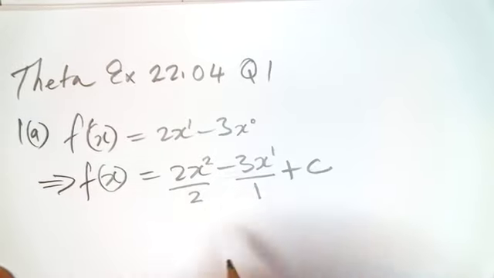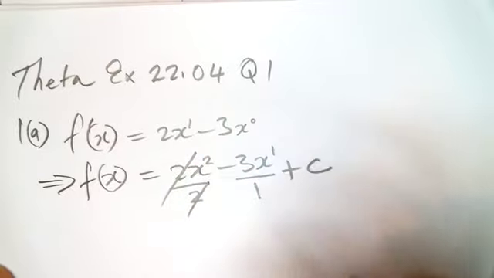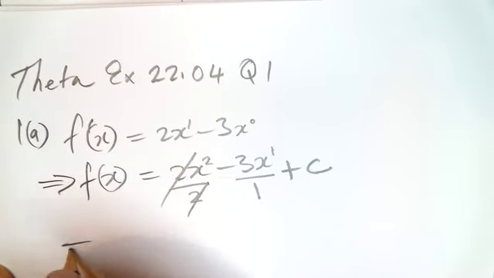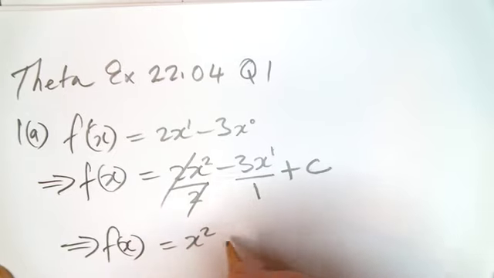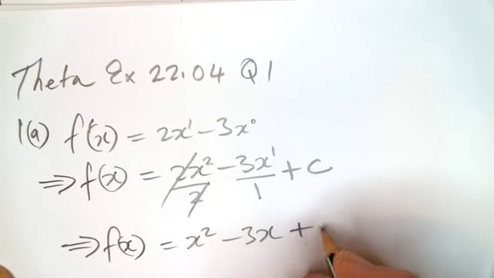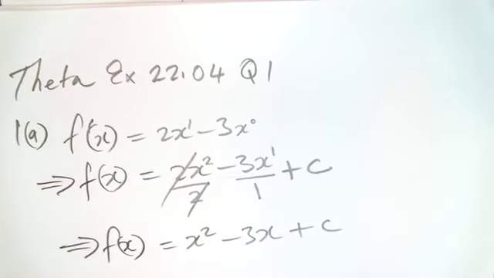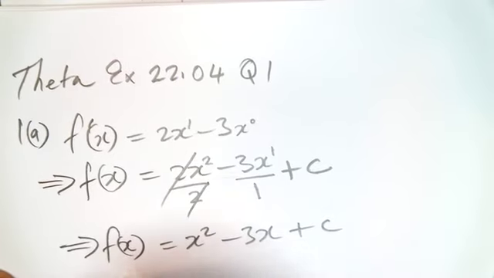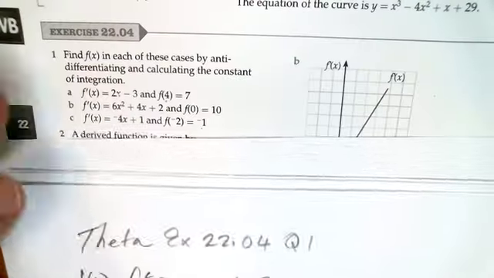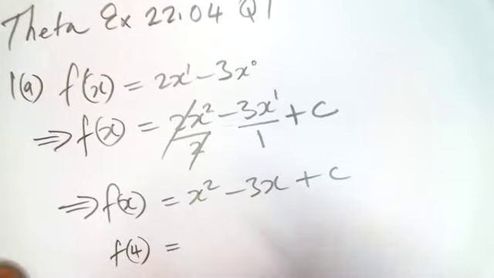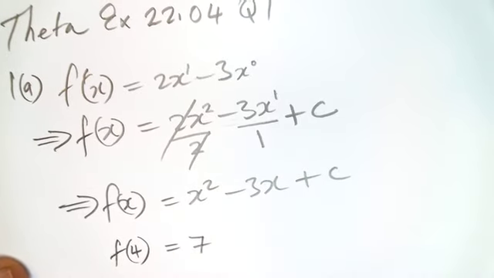All right, so now let's tidy this up. 2 divided by 2 is 1, leaving us with f of x is equal to x squared minus 3x plus c. However, we also know that f of 4 is equal to 7, we were told.